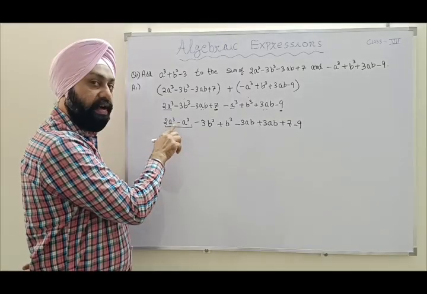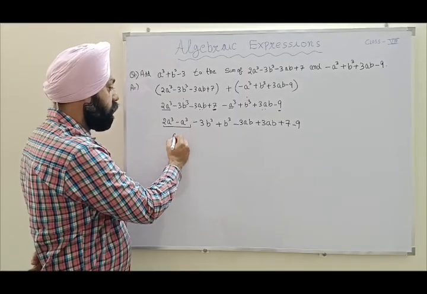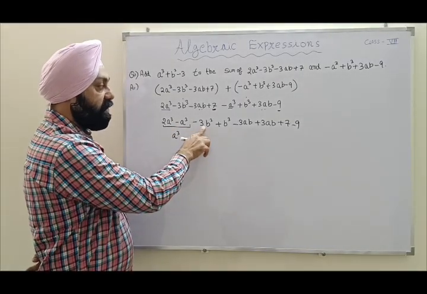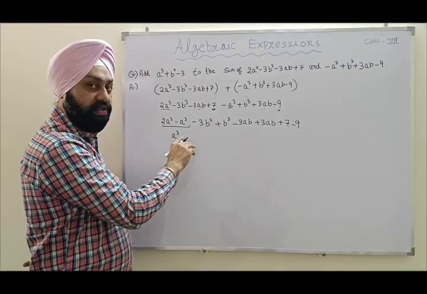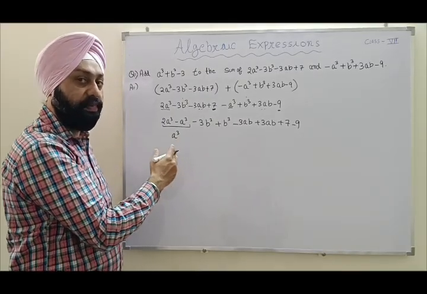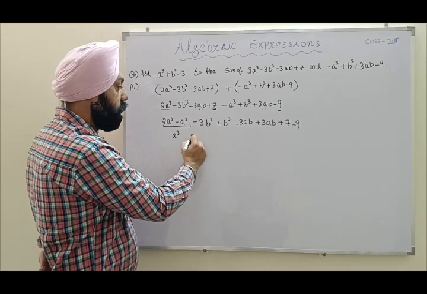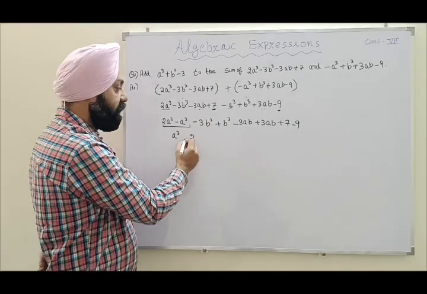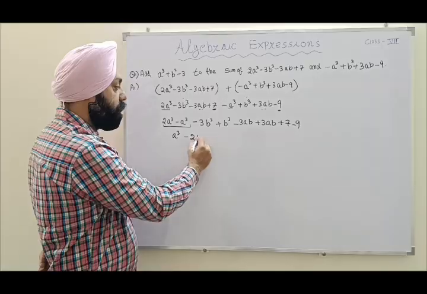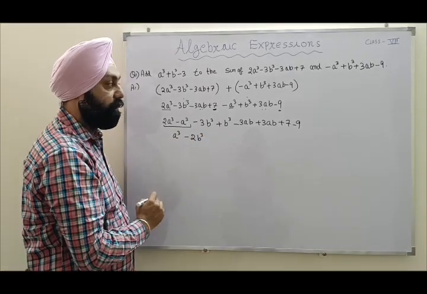So 2a cube minus a cube means 1a cube, or simply a cube. Minus 3b cube and plus b cube: signs are different, so we will subtract and the sign will be that of the bigger number. So 3 minus 1 will give 2, and because 3 is the bigger one having the negative sign, it is minus 2b cube.